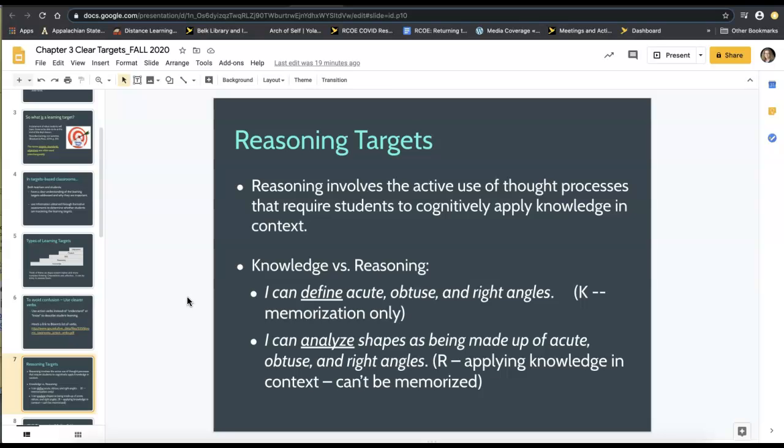But once we have those knowledge targets, we can build on them to reasoning or skill or product. A difference between knowledge and reasoning is that with reasoning, we're going to be applying the knowledge that we have in a new context. Here is an example: defining angles versus analyzing a shape and figuring out what angles are in the shape.